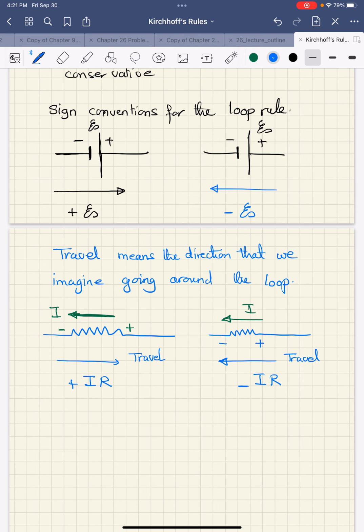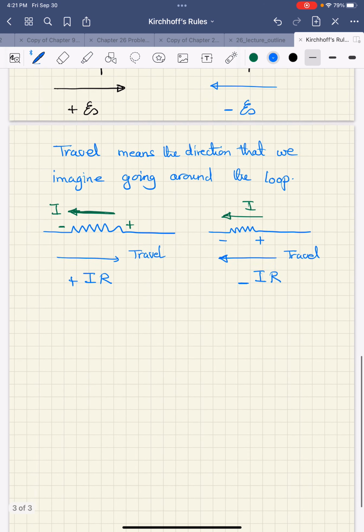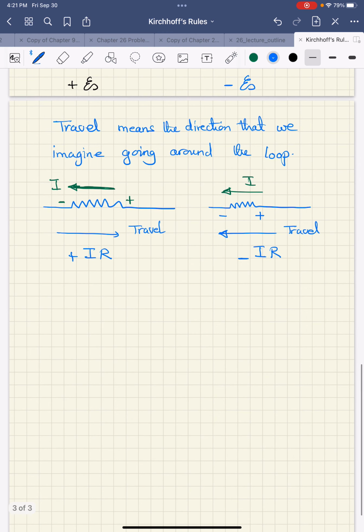Now here are the rules that we are going to follow in solving these problems. These are the steps. First, label your circuit as A, B, C, D, whatever you want.